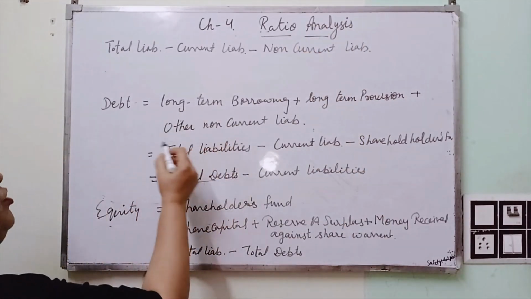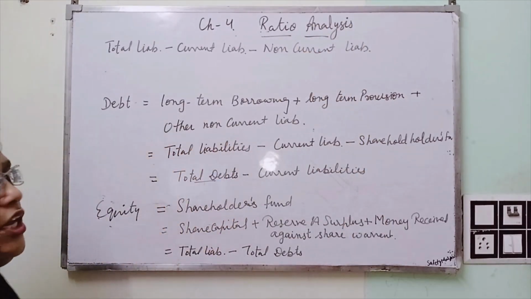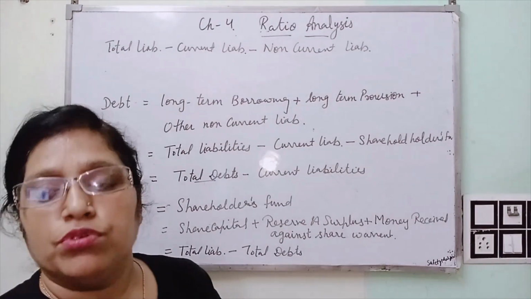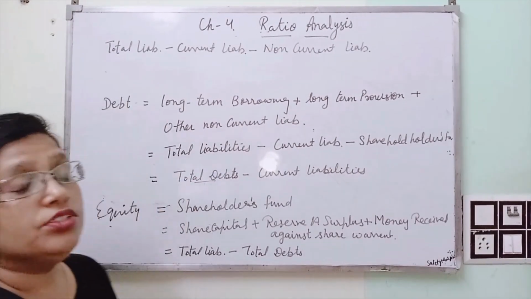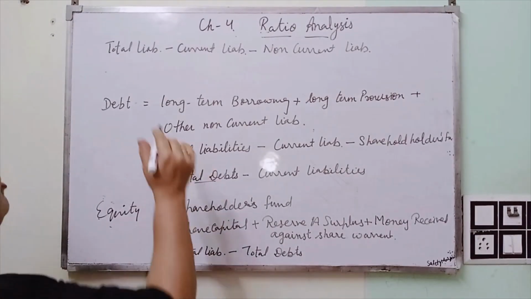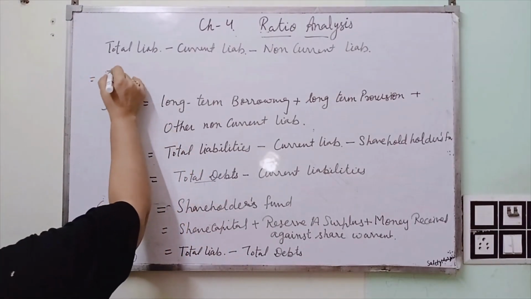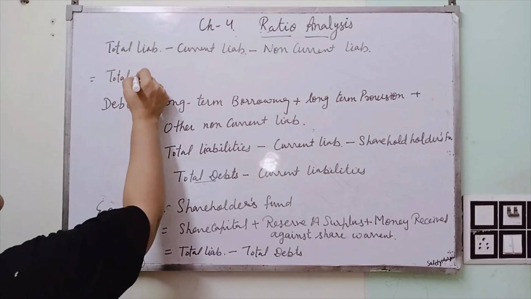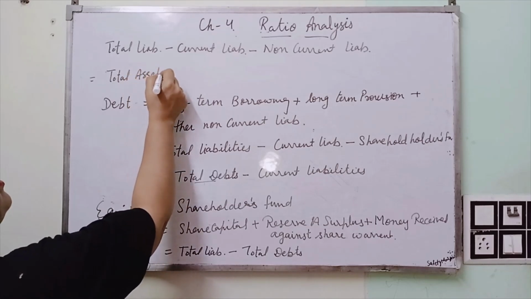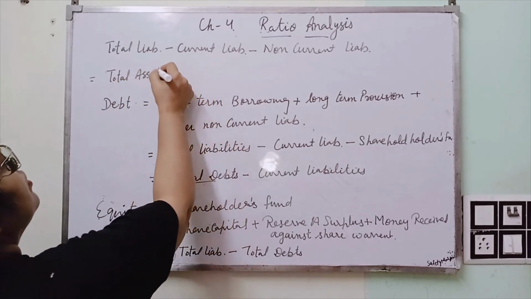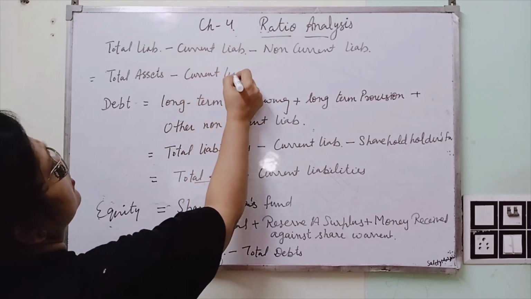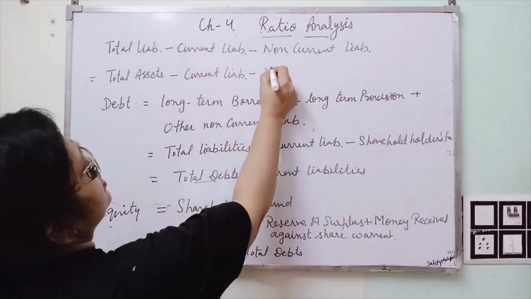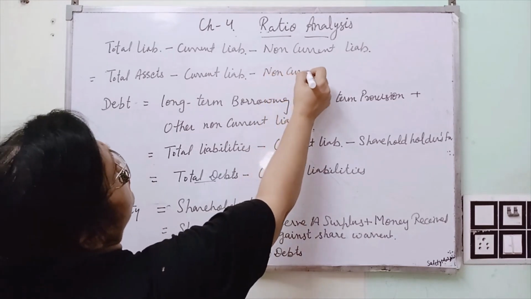When we are considering only the liability side, this approach is known as the liability approach. And if we consider it from the asset side, then that is known as the assets approach. And how can we calculate it? Total assets minus current liabilities minus non-current liabilities.